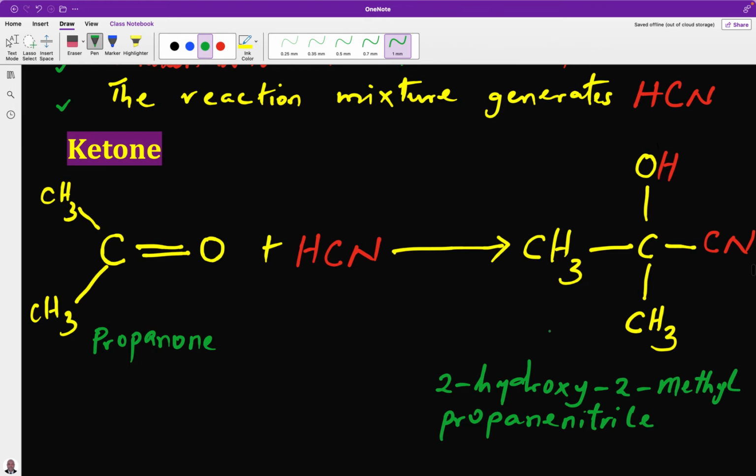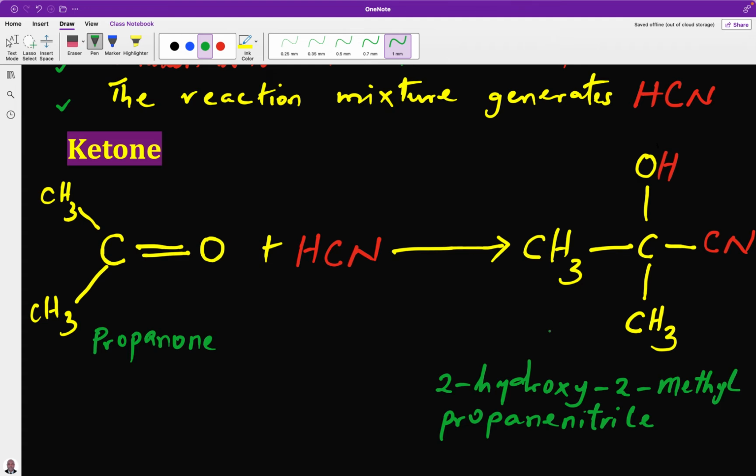In this case, we use propanone, and our result is 2-hydroxy-2-methylpropanenitrile. An important thing in this reaction is that it results in the addition of one carbon atom into the carbon chain, and it also results in the formation of a nitrile, another organic compound.